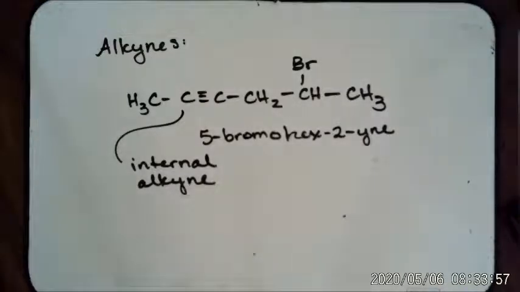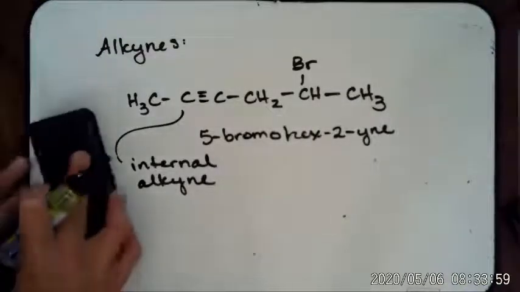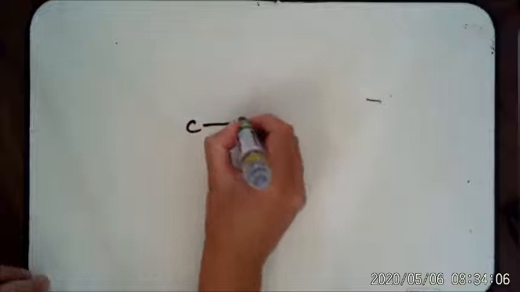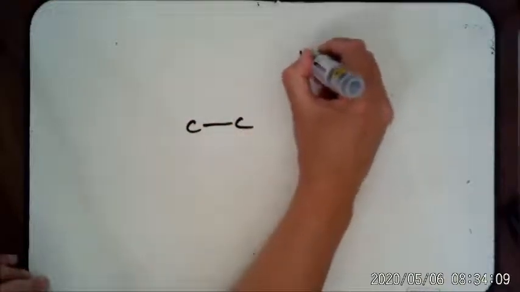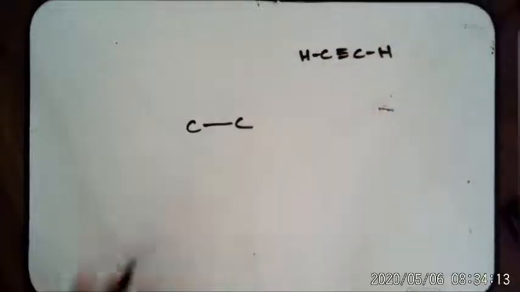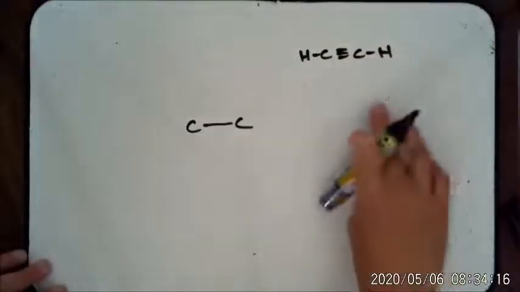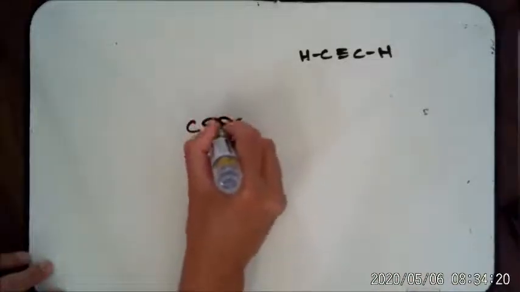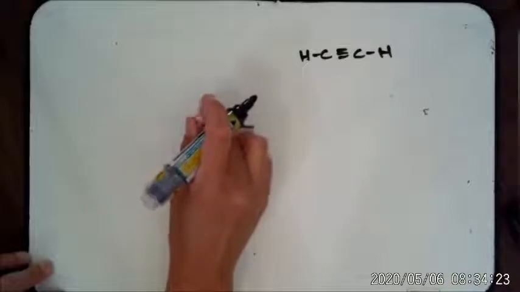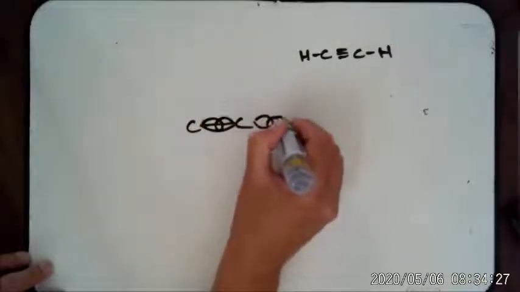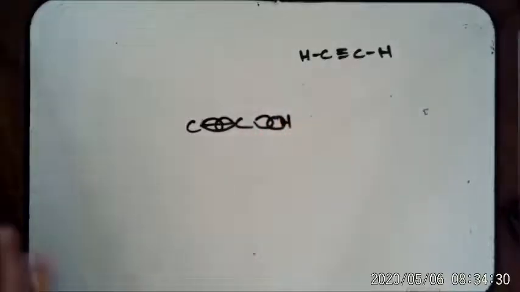Okay, so when we look at the electronic structure of an alkyne, we're just going to take ethyne, also known as acetylene. So basically, this is an sp-sp sigma bond. This is an sp-s sigma bond.